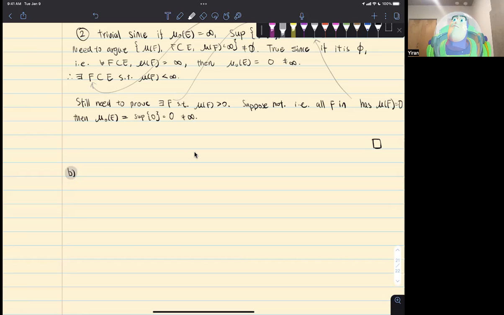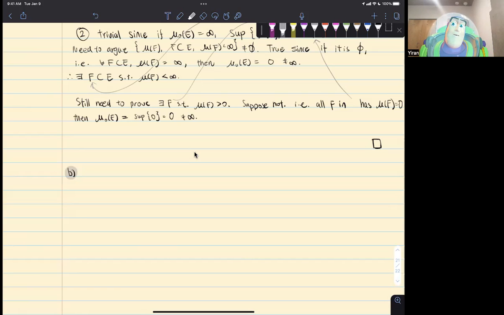And if mu of E is infinite, then we don't necessarily have that mu naught of E is infinite. So that's the difference from part B. In that case, mu naught of E could be finite, but on the left-hand side, mu of E is infinite.